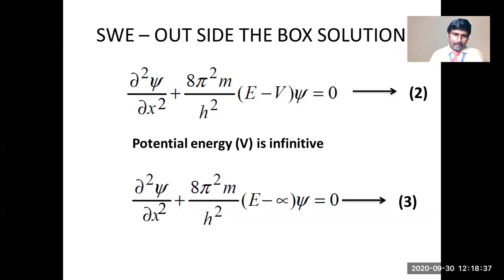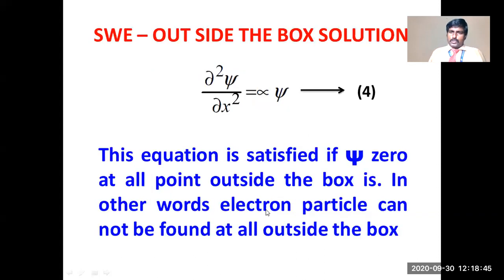In this case, this entire term will become infinity. So now dou square psi by dou x square is equal to infinity times psi. This is what happens outside the box, and psi is equal to 0 at all the points outside the box. This is what it means.